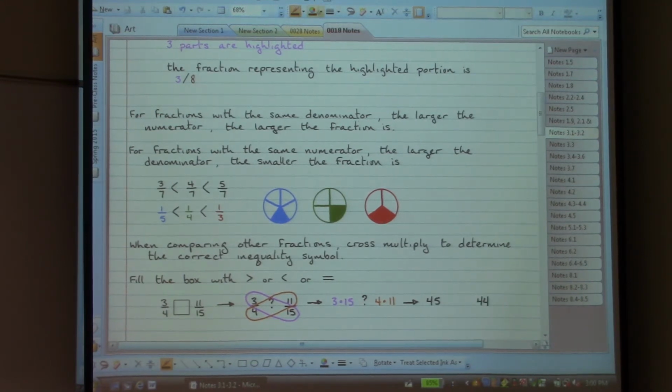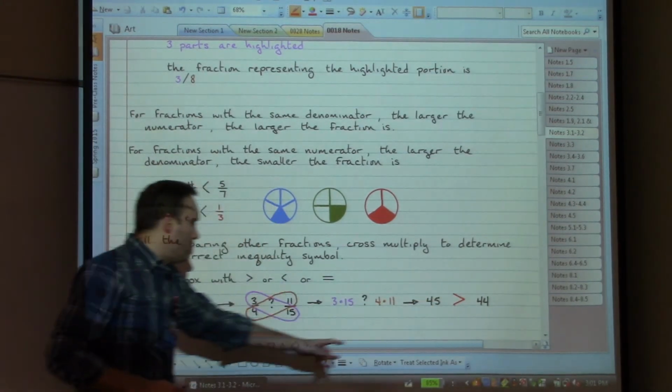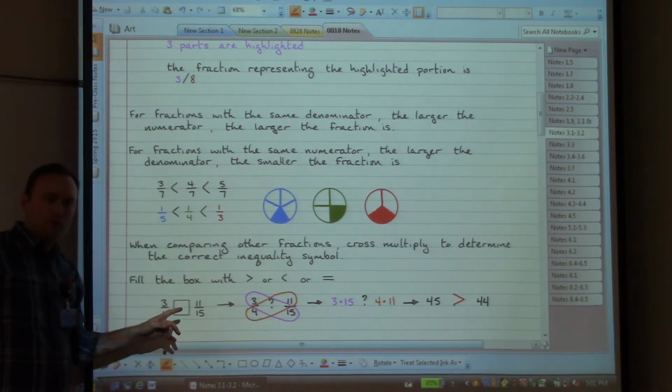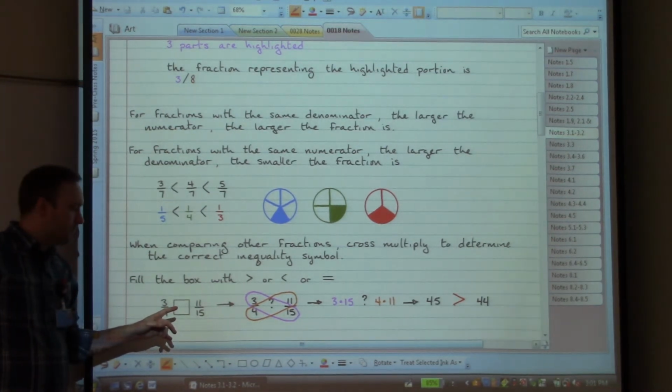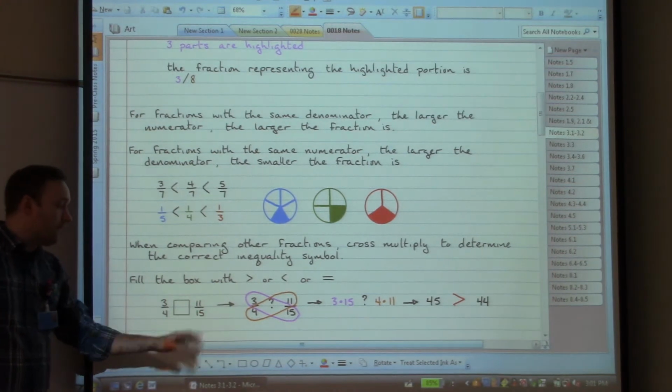The symbol that I would put in between those 2 is the greater than symbol. And as it turns out, I would want to take that greater than symbol and carry it all the way back to that empty box. So the fraction 3 over 4 is greater than the fraction 11 over 15.